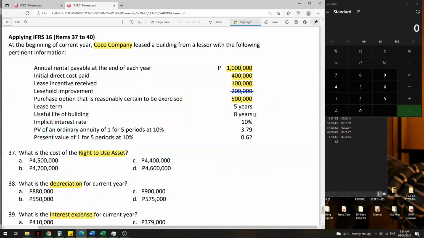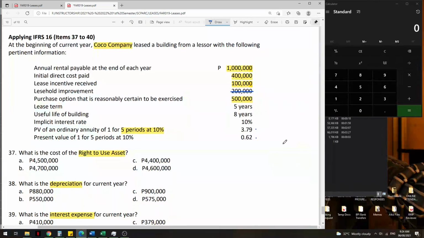We have useful life of the building, which may be useful later when we compute depreciation. There is an implicit rate of 10%, and the present value factors are already given for 5 periods, 10%. We have ordinary annuity, 3.79, and we have PV of 1.62.